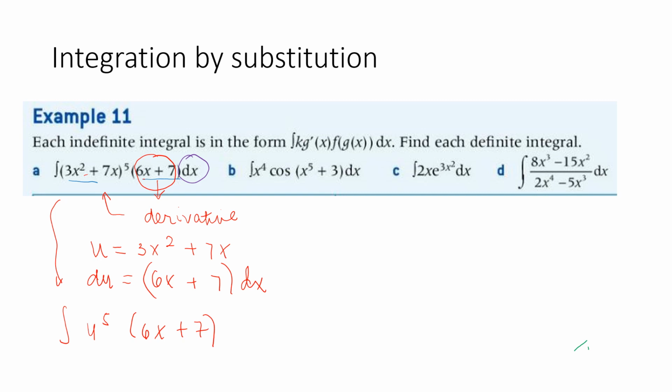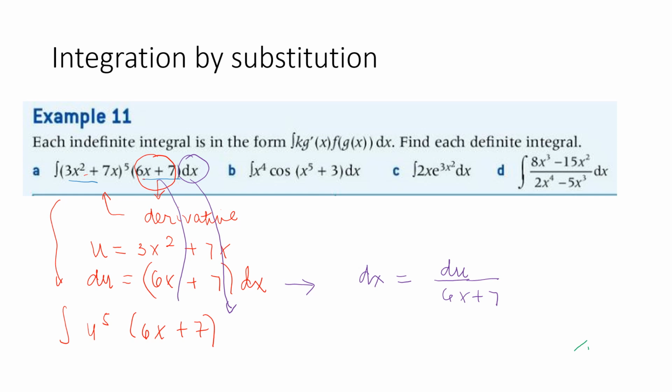So if we're going to represent dx here, taking from here, then our dx is equal to du over 6x plus 7.